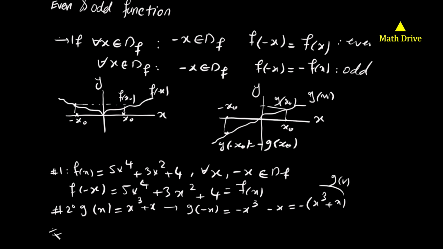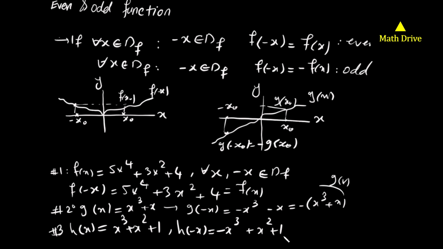Let's take a look at another example. Suppose that h of x, example number 3, is equal to x^3 plus x^2 plus 1. Again, the domain condition is satisfied, but h of minus x is equal to minus x^3 plus x^2 plus 1.